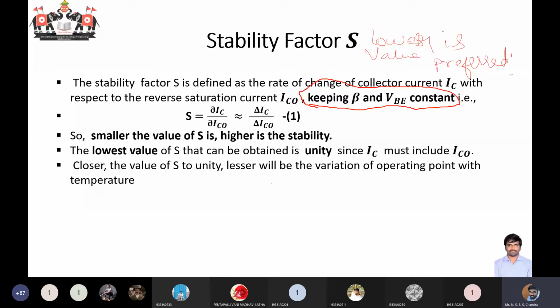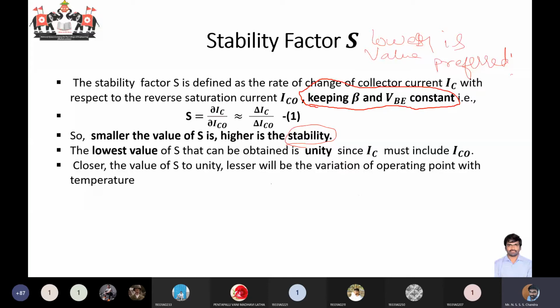If the stability factor for your circuit is large, it's a bad circuit. So we always prefer a circuit with a lower value of S. The smaller the value of S, the higher your stability, so if S is low, your circuit is more stable.